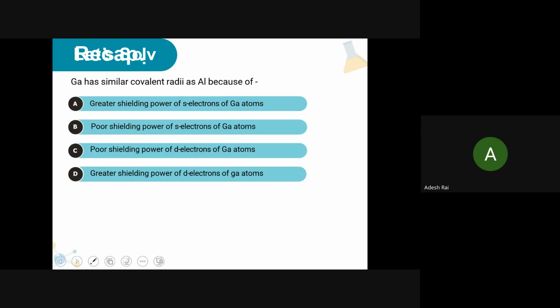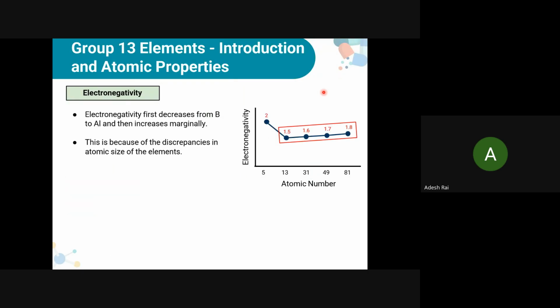First of all, whatever plot we have obtained, this is an experimental plot, okay? Now coming to the point of why indium is showing more electronegativity than gallium: gallium is 1.6, indium 1.7. By that logic, gallium's should have been more, but it is all an experimental trend.